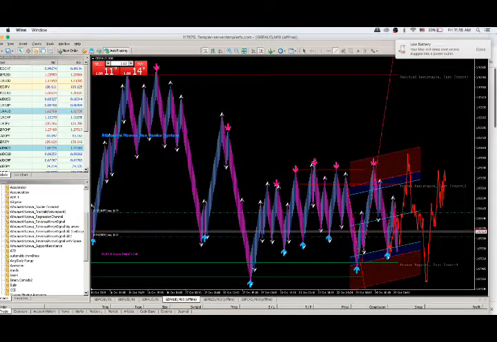So the market fell down here, which means that if we have 2 points touching the lower boundary, the fourth point is definitely going to touch the upper boundary. Point A, point B, point C, so point D is going to be at the top. As you can see, the future line, this red line, tells us how the market is going to behave.